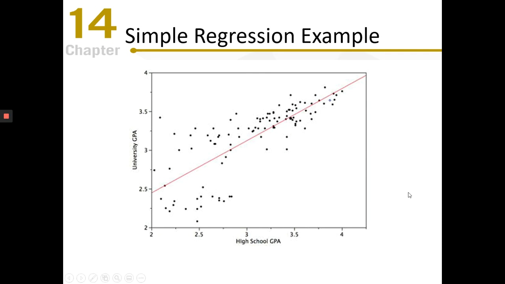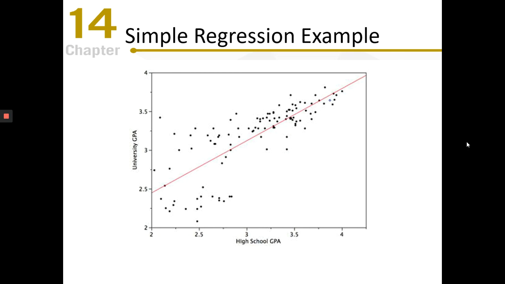So here there's a correlation. It's probably about 0.6 something between high school GPA and university GPA. And we can predict that if you have a high school GPA of 3, you're going to go up here, and your university GPA is going to be hopefully not 3, maybe like 2.8. It's not a perfect correlation.